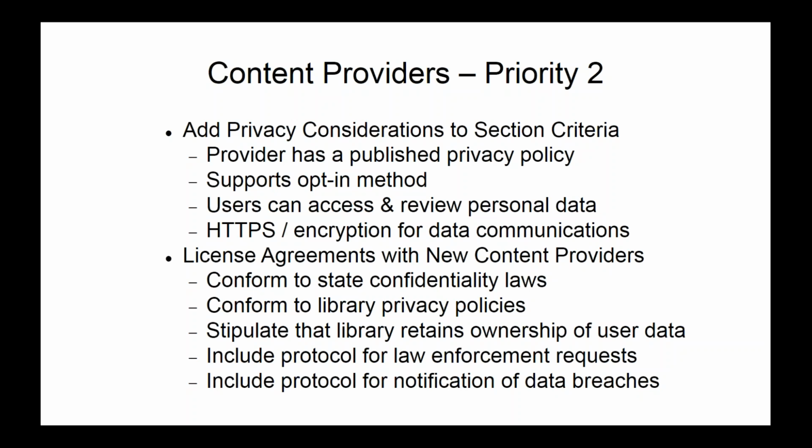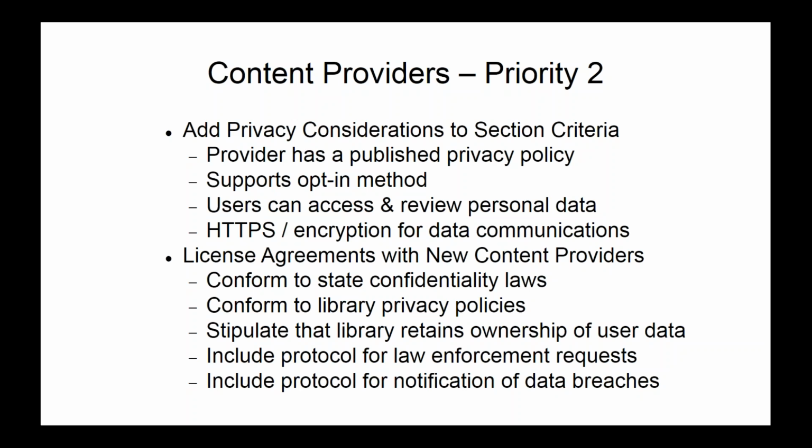The second set is around license agreements with new providers. At this point, we understand your existing agreements are whatever they are, but when you get a new content provider, the license agreements should be reviewed to make sure they conform with state confidentiality laws and library privacy policies. They should also stipulate that the library retains ownership of user data.